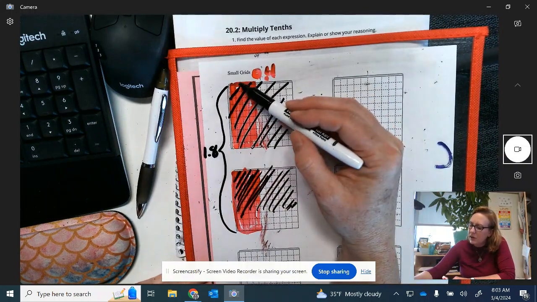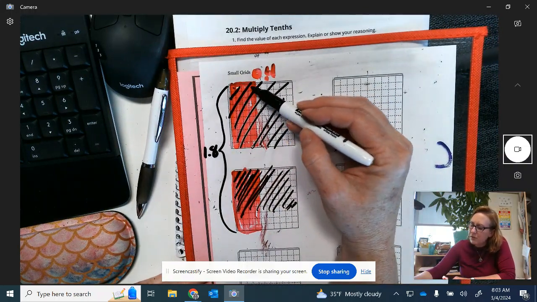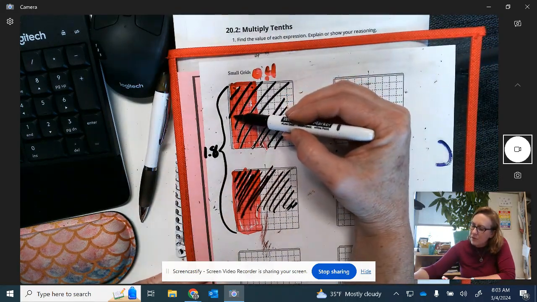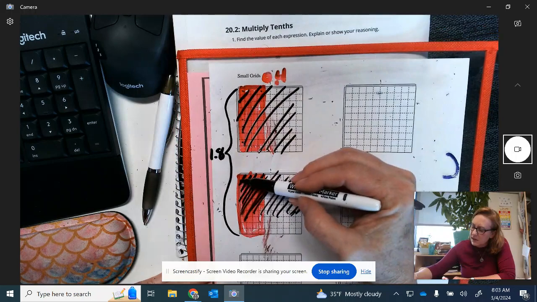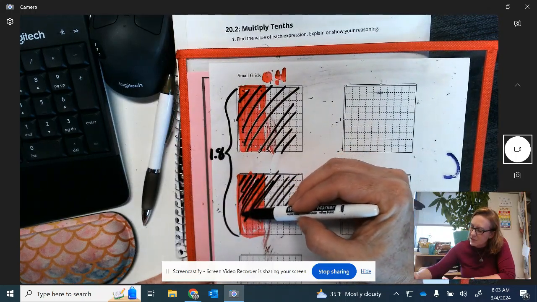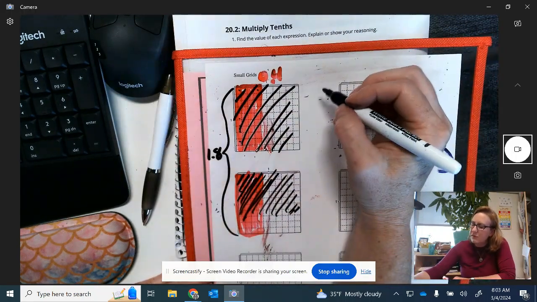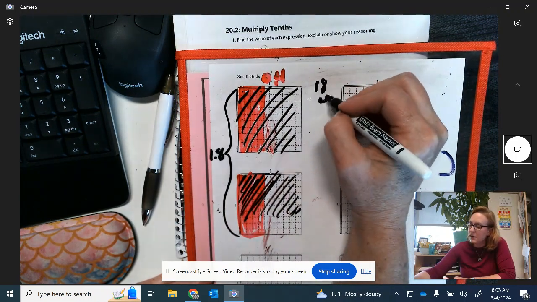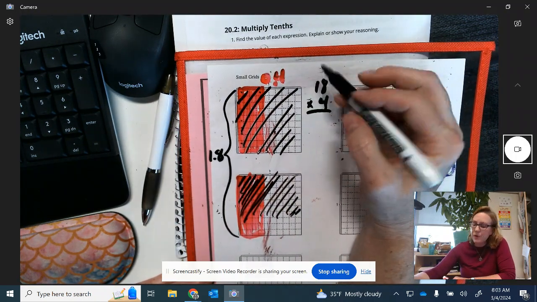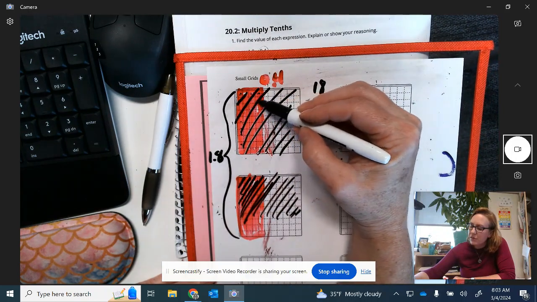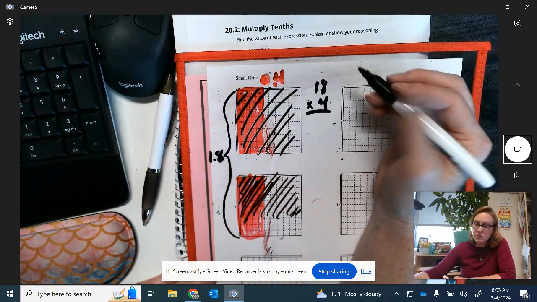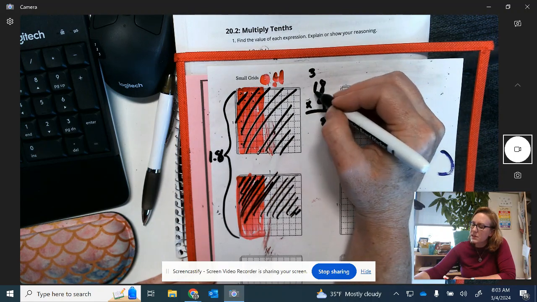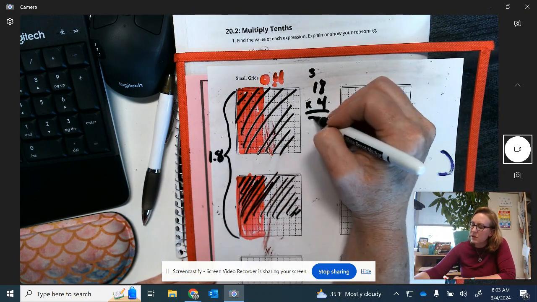Okay, so how many are double colored in? 1, 2, 3, 4 times 1, 2, 3, 4, 5, 6, 7, 8, 9, 10, 11, 12, 13, 14, 15, 16, 17, 18. So you've got an array of 4 times 18 colored in. Rather than counting, I'm just going to do multiplication. 8 times 4 is 32. 4 times 1 is 4, plus 3 more is 7.